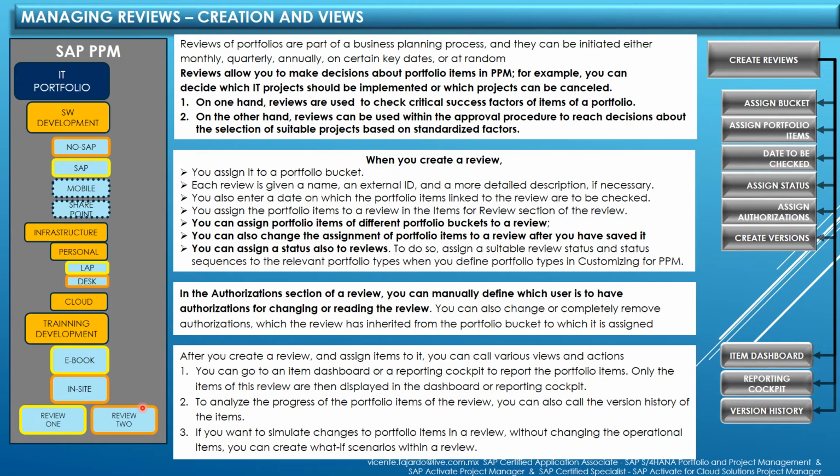You can assign a status to a review. And in the authorization section of a review, you can manually define which user is to have authorizations for changing or reading the review. After we have created a review and assigned items to it, we can perform different actions and we can call various views.